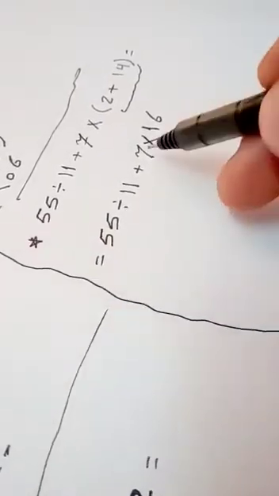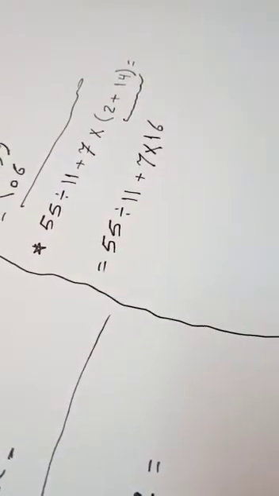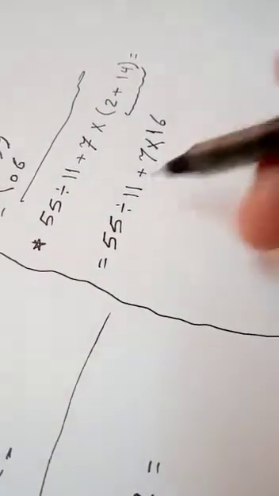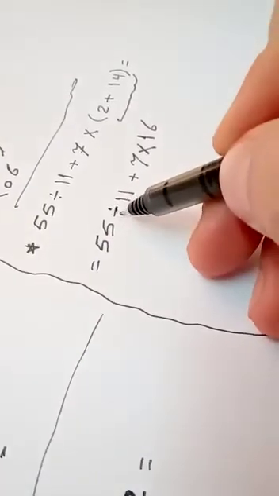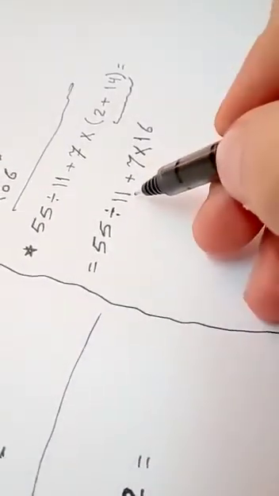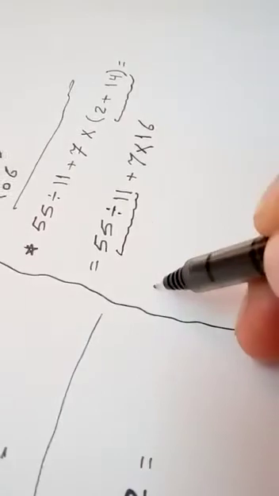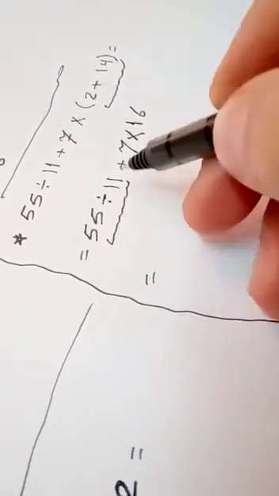Now we have divide and multiply. The order is from left to right. So the division came first. So do the division now. 55 divided by 11 will be 5.